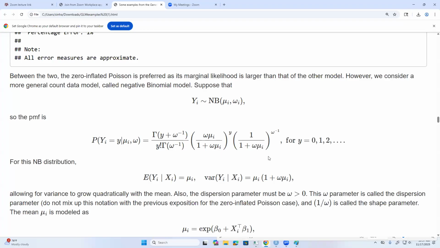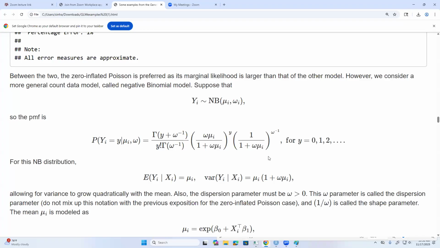Therefore, the negative binomial model is more appropriate. It allows the variance to be larger than the mean. And in most of the count data scenarios, you have variance larger than mean.